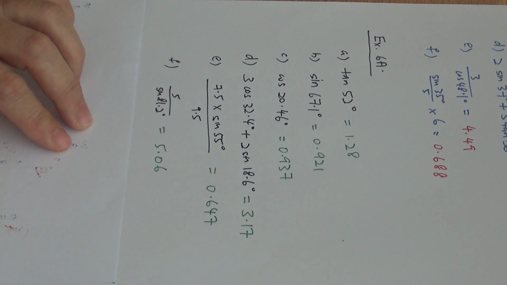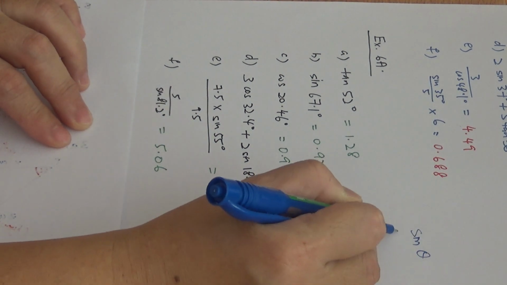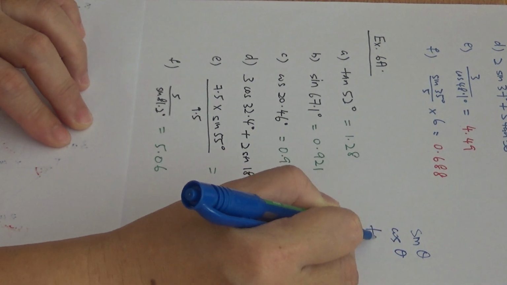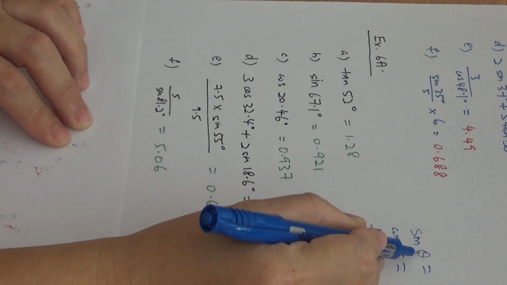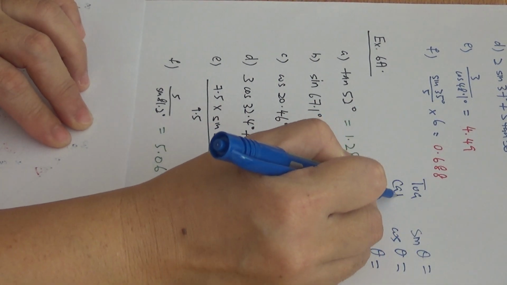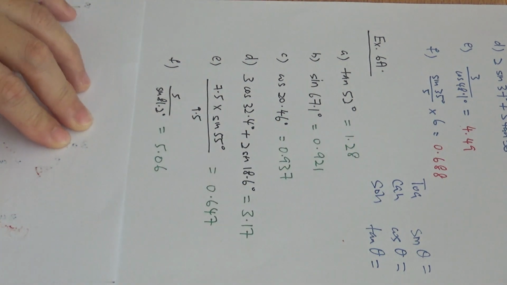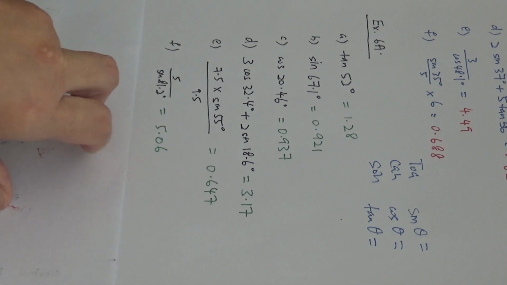Okay, alright. Now, so let me just summarize what I've done in this particular section 6.1. You must know the sine ratio, cosine ratio, and tangent ratio of an angle. Let's say the angle is theta, and we use TOA CAH SOH to memorize what these ratios are about.